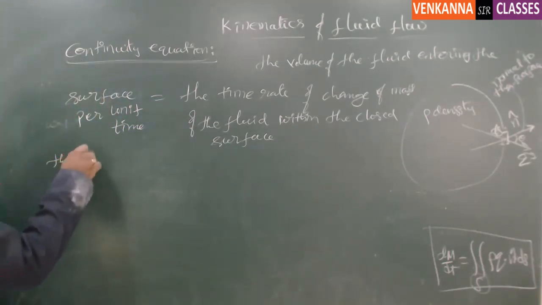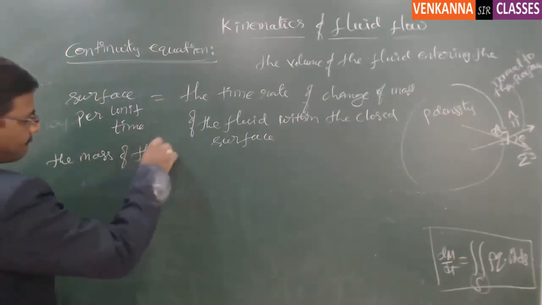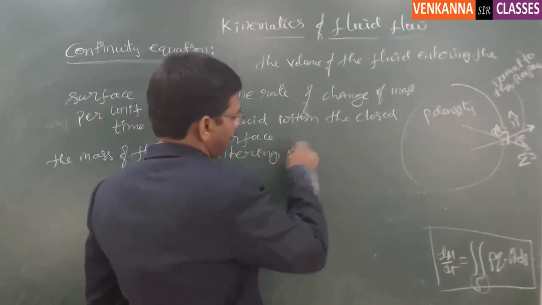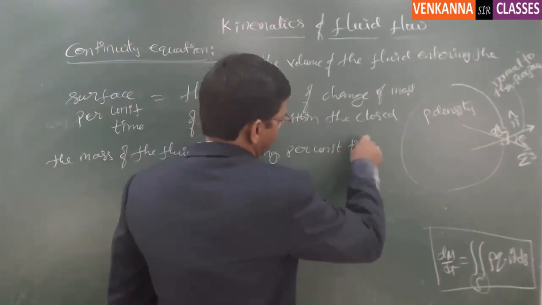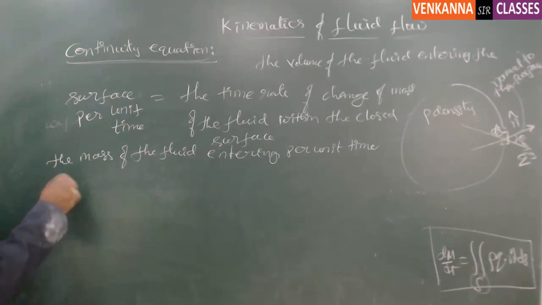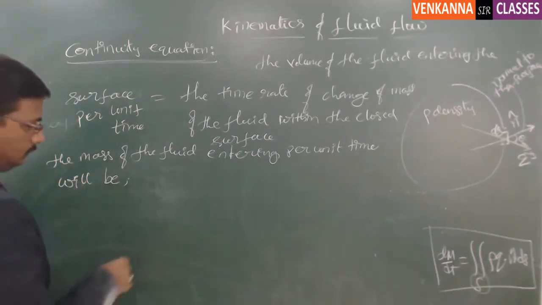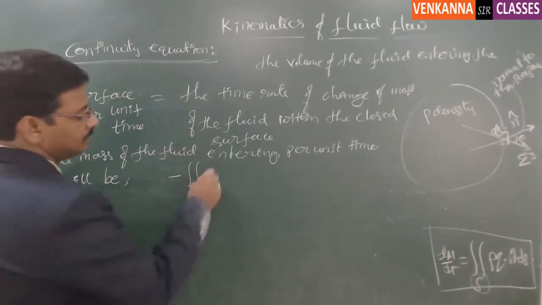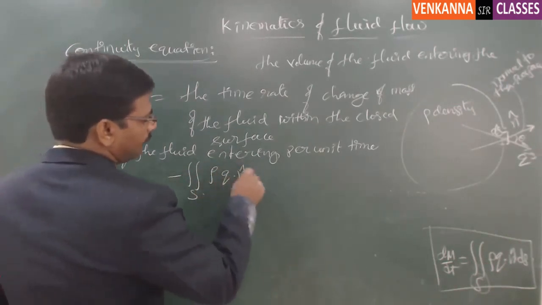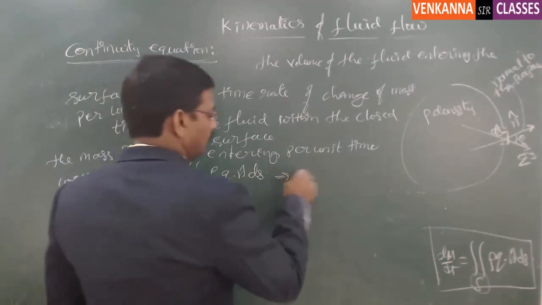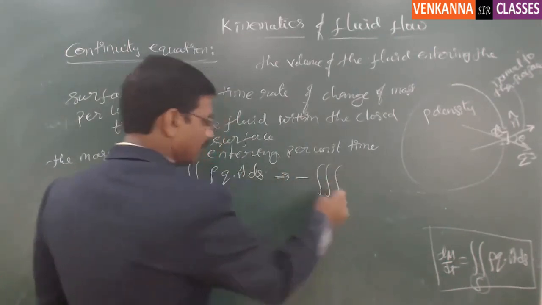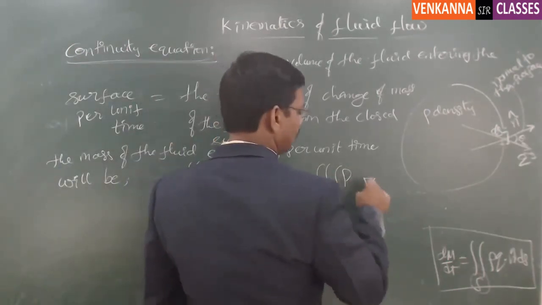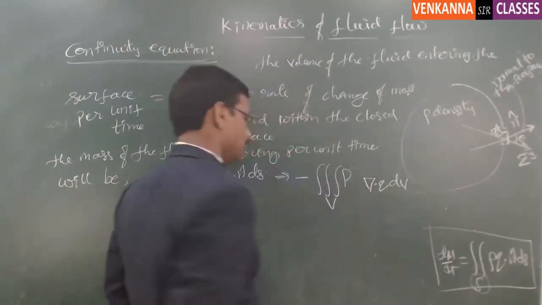So the mass of the fluid entering per unit time will be minus double integral over the surface S rho into q dot n cap dS, and this will be equal to minus triple integral over the volume V del dot rho q dV. I hope you understood that.